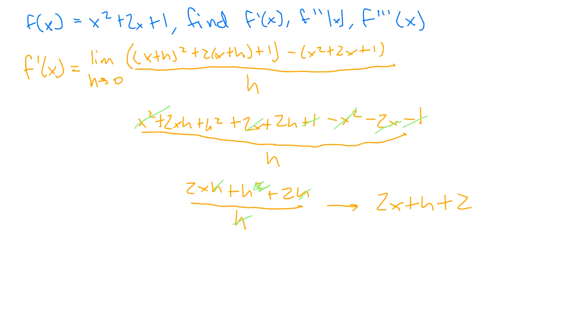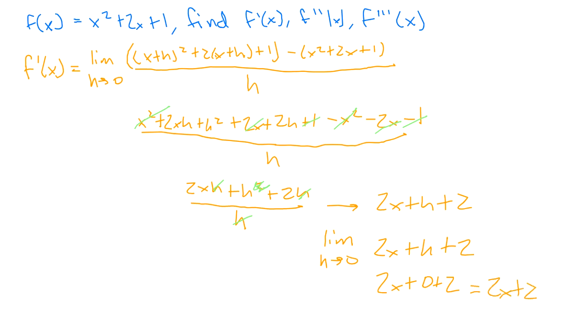Let's plug that into our limit function. That's essentially going to get us 2x plus 0 plus 2, which is just 2x plus 2.